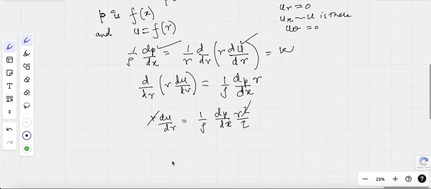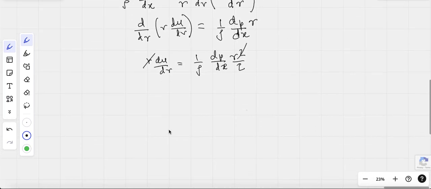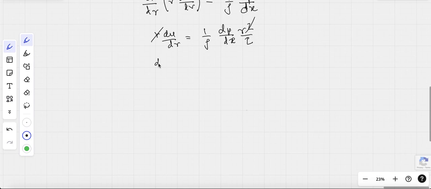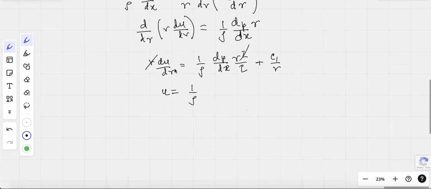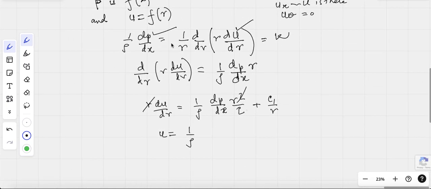So this cancels out, so du by dr, sorry, plus c1 by r. u is equals to 1 by rho, I think I've done a mistake because a mu term will also be there.